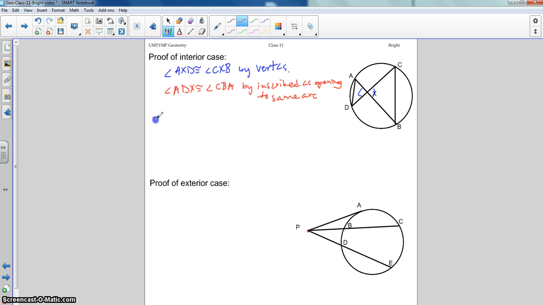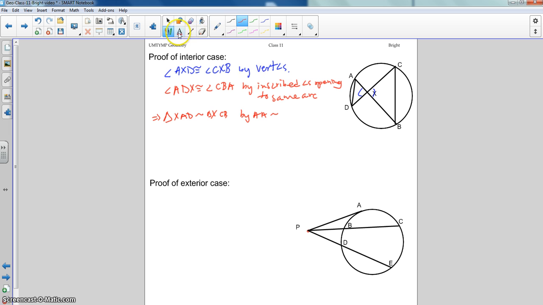So then from this I get that triangle XAD is similar to triangle XCB by angle-angle similarity.